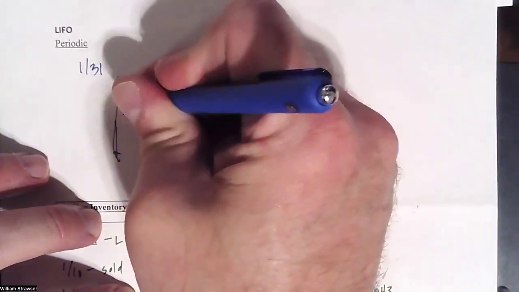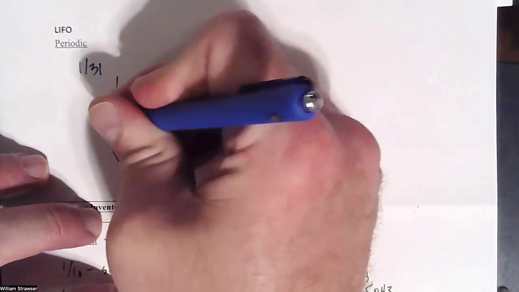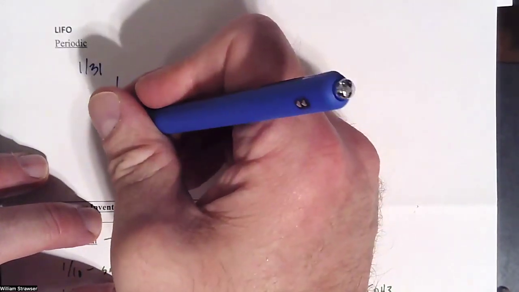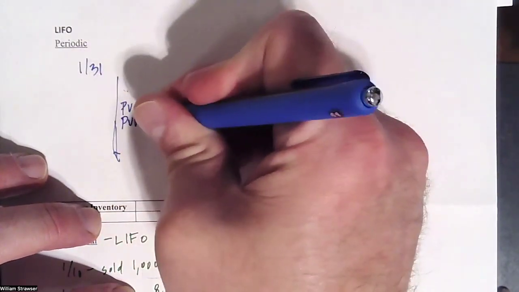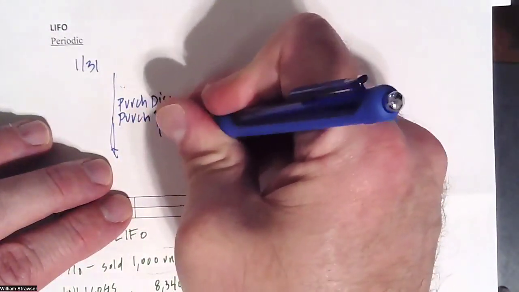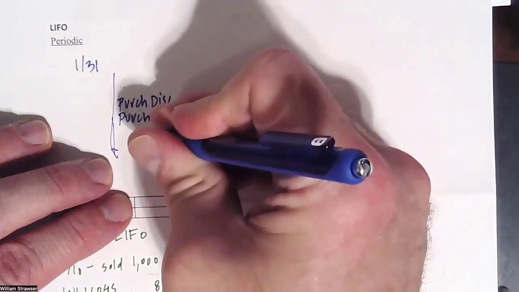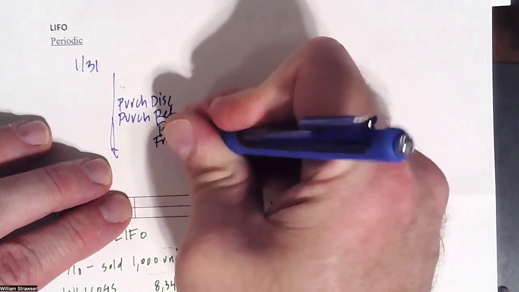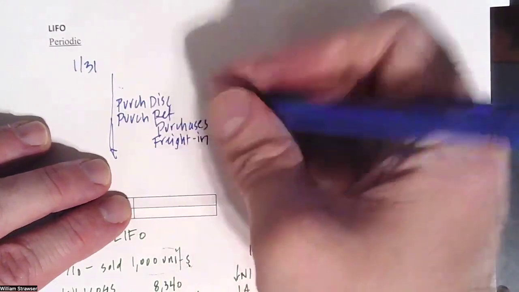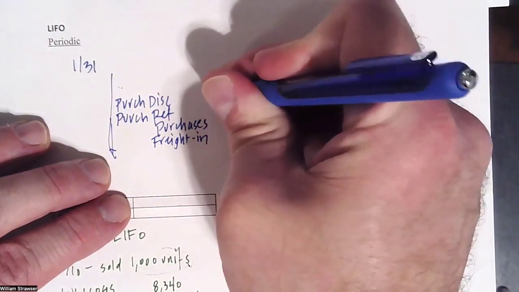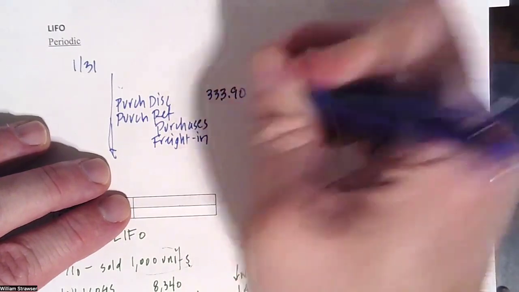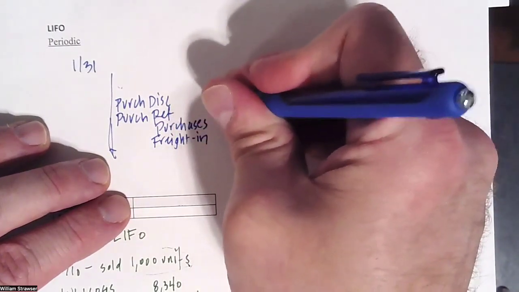Same piece. We want our purchase discounts gone as debits. We want our purchase returns gone. Our purchases, our freight, all of those still at the same amounts because our choice of cost flow method does not alter our purchase accounting.